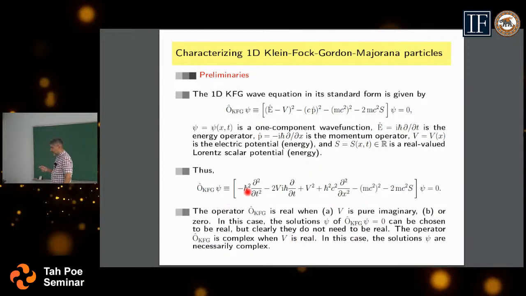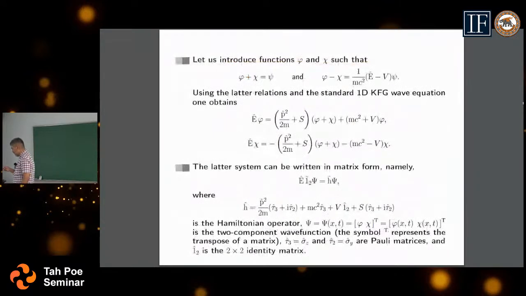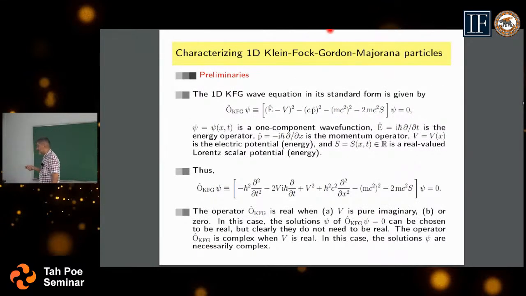Look at the operator: if the electric potential is pure imaginary, this operator is real, because of this i and because of this d squared. So the solution could be real. But also if the potential is 0, you can have a real operator. So in those cases, the solution of this equation could be written real. Obviously, it can be written complex too, if you want, but it can be written real.